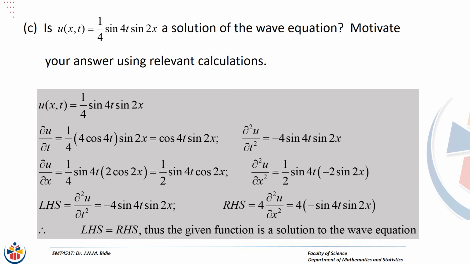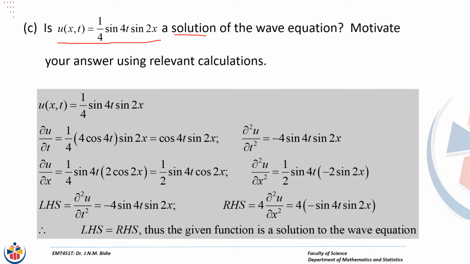Now let's go to the next question. We are asked here if the given function u of xt is a solution for the given wave equation. So the first thing that we do, we have to remember what was the given wave equation.